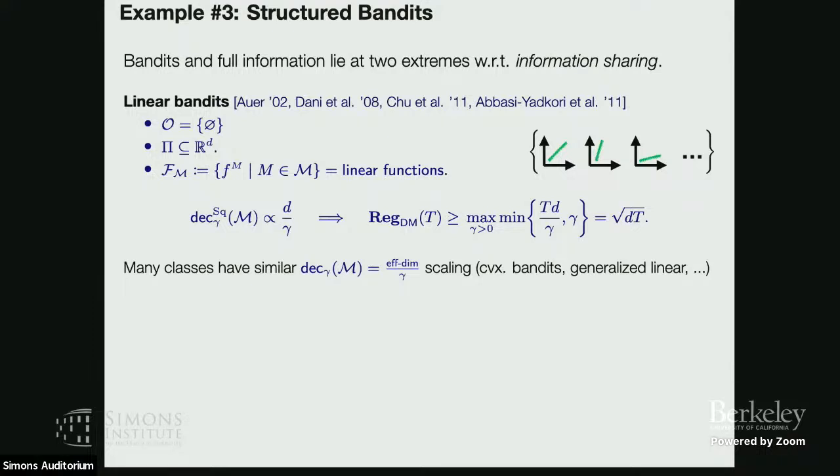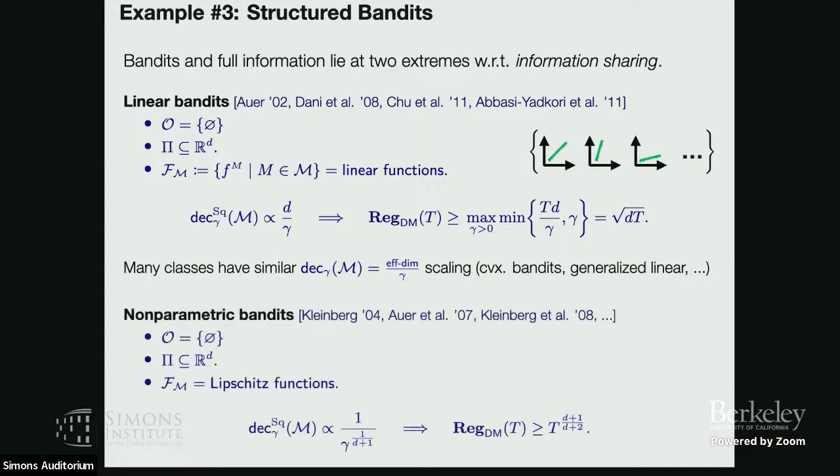And you see this in a lot of settings, but in general, you're not going to see this behavior for problems where the optimal rates are worse than root T. So for example, if we go back to Lipschitz bandits, which is this non-parametric setting, here you can show the DEC roughly grows as 1 over gamma to the 1 over D. So this is getting slower as D grows. And this leads to a lower bound on regret that looks like T to the (D+1)/(D+2). Okay, so that's the optimal rate. But this is getting worse and worse as you take D big. It's a non-parametric problem.